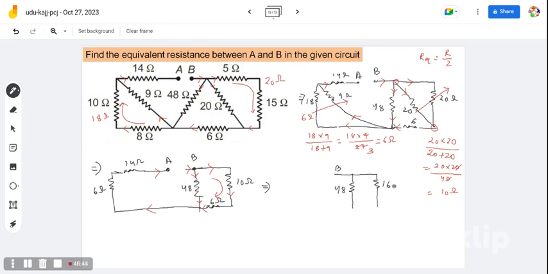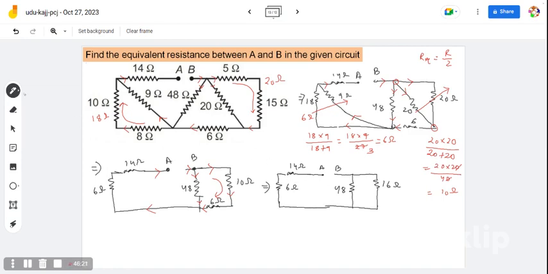So what we get? 10 plus 6, 16 ohms, and then these are joined and they are going to A. So we have here a 14 ohm resistance, then we have a 6 ohm resistance. It is joining up here.